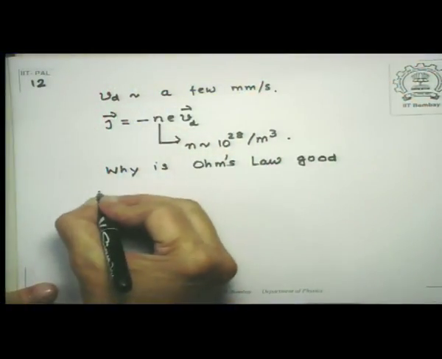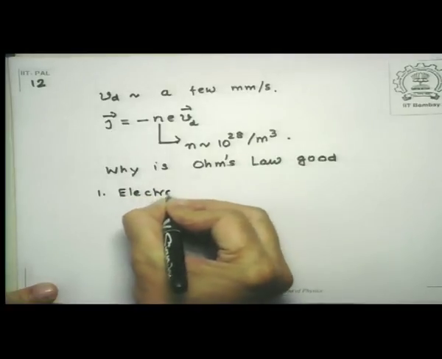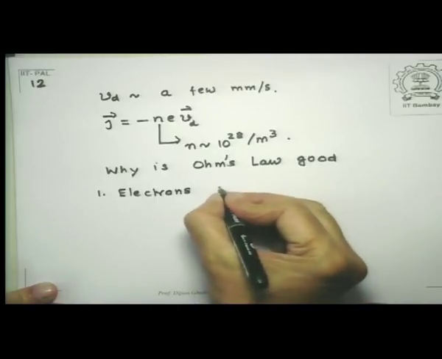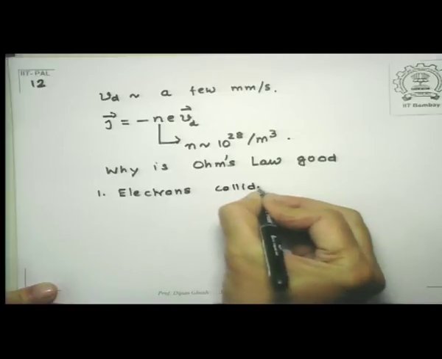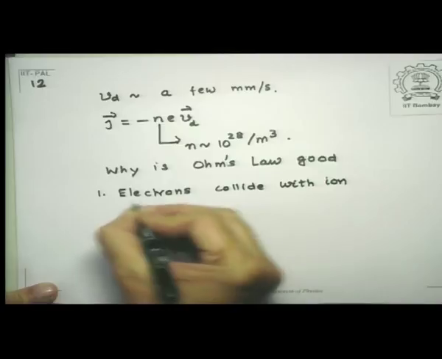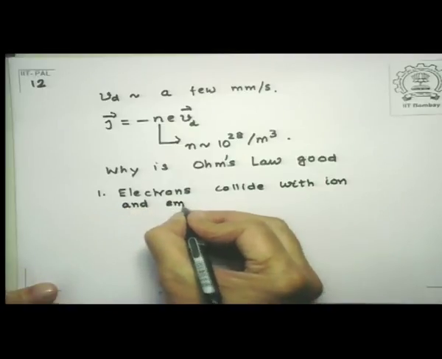They do not belong to a particular atom or atoms. What we also said is that these electrons would collide with ions in the material. So, the typical speed of electrons is of the order of 10 to the power 6 meter per second. So, electrons collide with ions and emerge from collision with velocity in a random direction.